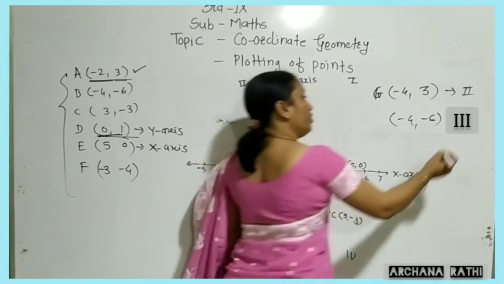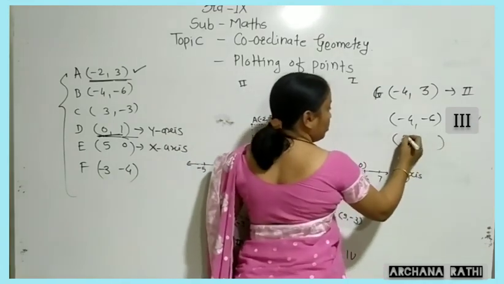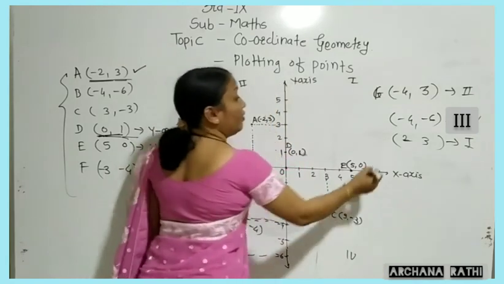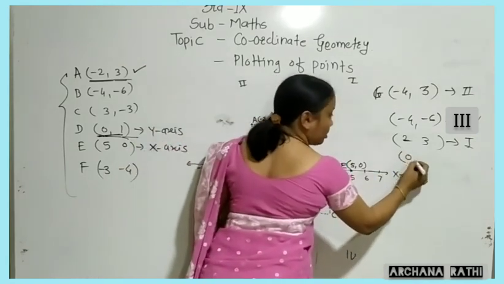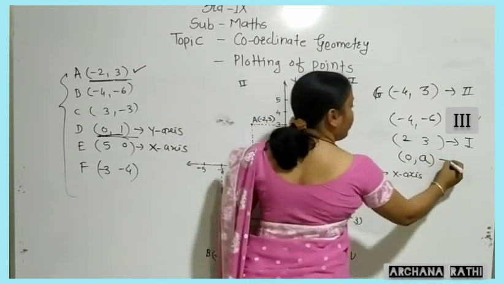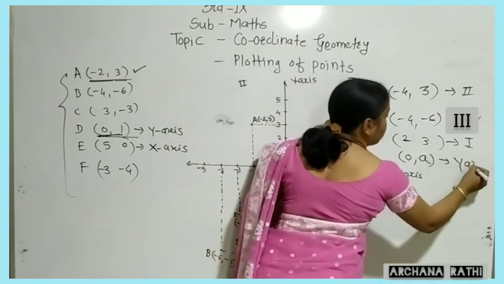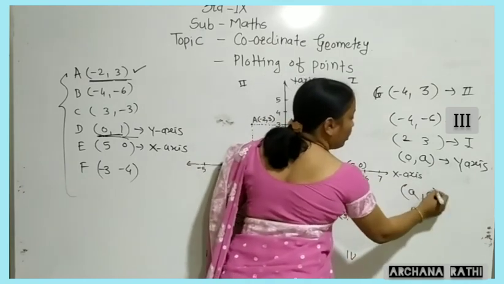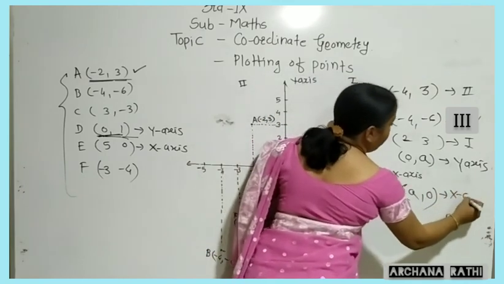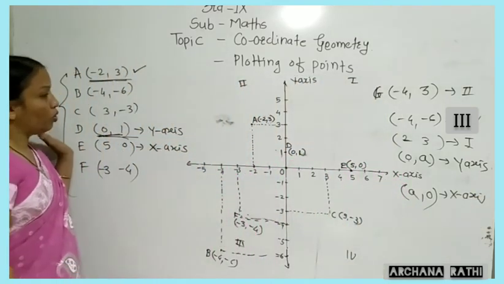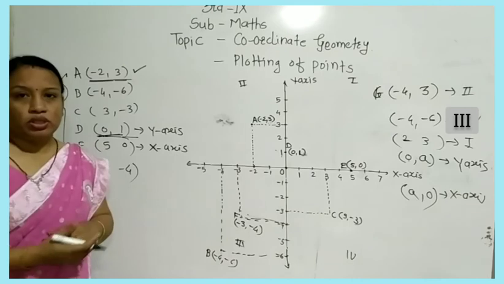Both are negative, so it is very easy. (2, 3) will lie in the first quadrant. And whenever, as I told you, the x coordinate is 0 and there is some number for y, that will definitely lie on the y-axis. And if there is some number and the y coordinate is 0, that will lie on the x-axis. That's how you can solve the remaining questions.